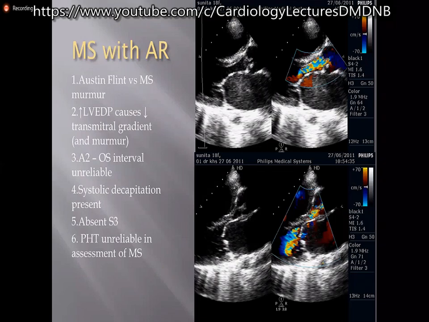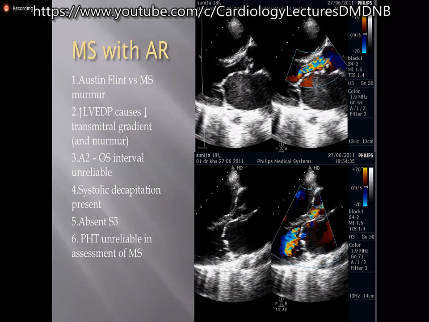Here is a patient with MS with AR. The patient has severe mitral stenosis as well as severe aortic regurgitation. Particularly in this context, an increase in LVEDP reduces the transmitral gradient, and your A2-OS interval will not be short despite severe mitral stenosis, because LVEDP is high.